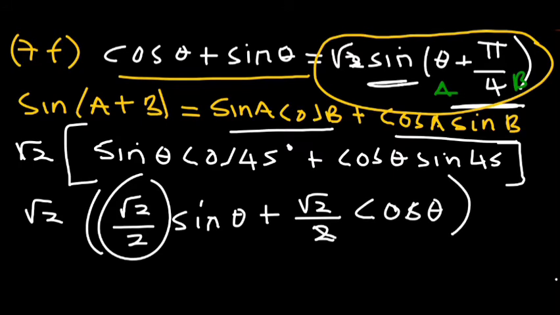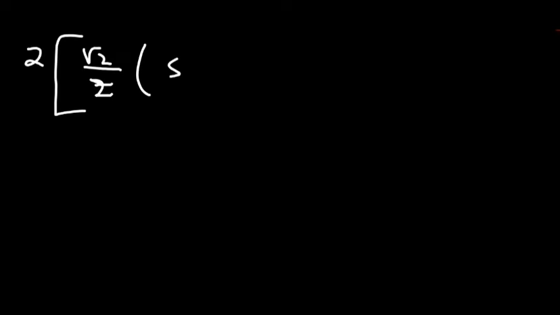Okay, so we know that the coefficients are equivalent, so we can factor them out. This is the same as 2, then root of 2 over 2, times sine theta plus cos theta.